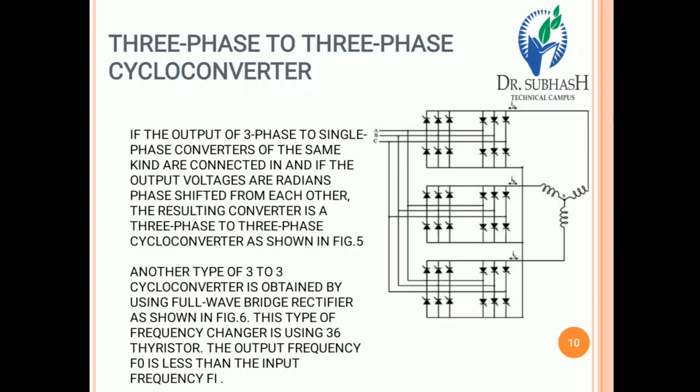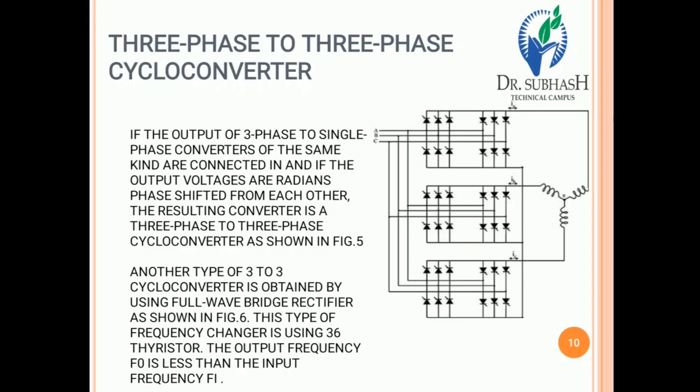In the first method, if the outputs of three phase to single phase cycloconverters of the same kind are connected, and the output voltages are 2 by 3 radians phase shifted from each other, the resulting converter is a three phase to three phase cycloconverter. And the second method, we can design this given circuit diagram by using this second method.